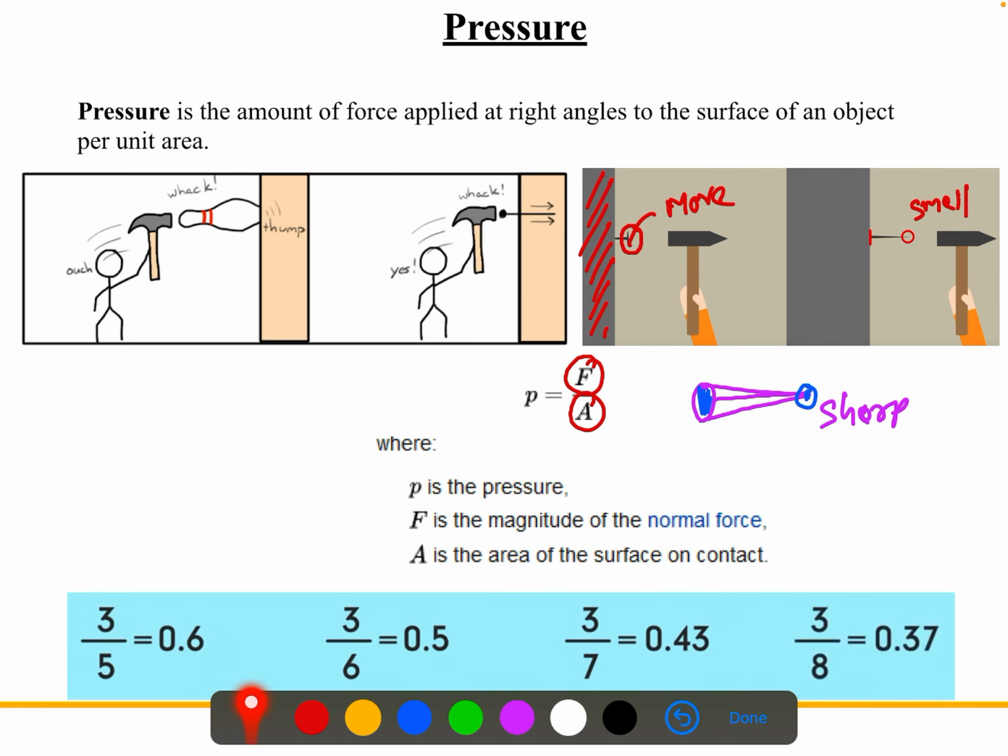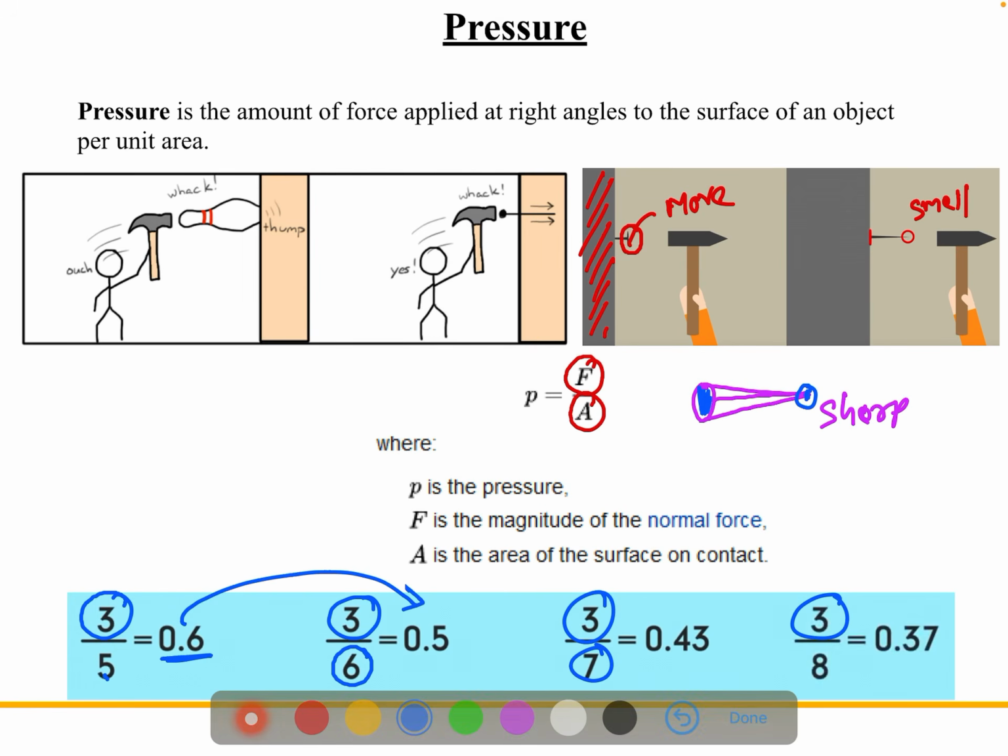Look here, pressure is equal to F over A. We will keep this force the same, it is 3, we're not changing it. But if we increase the surface area, then when it is 5, the pressure is 0.6. When we increase the area, you see the pressure is decreasing.